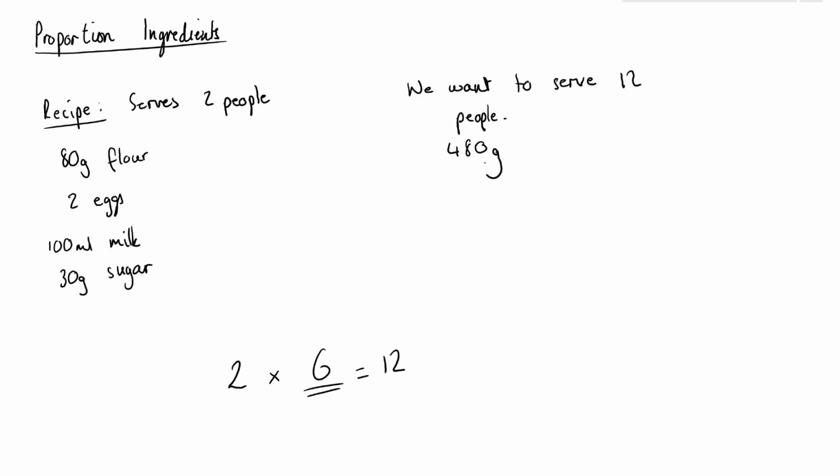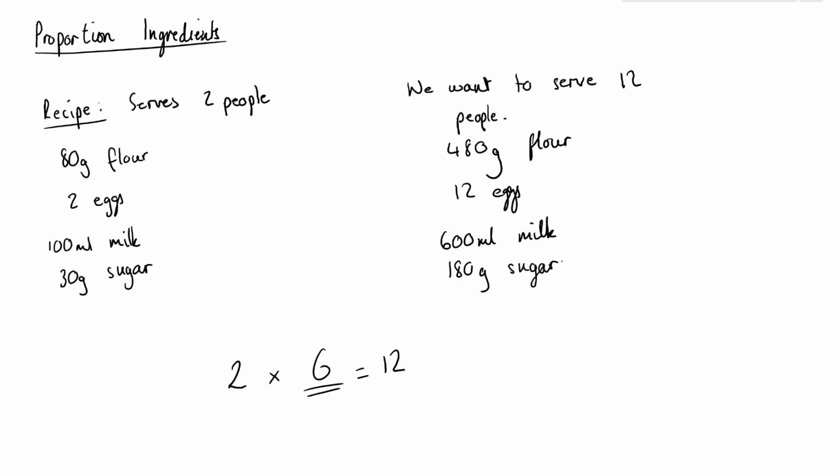I need to do 2 times 6, which is going to give me 12 eggs. I should probably specify that that is flour. 600 milliliters of milk, and then 180 grams of sugar would now serve 12 people.